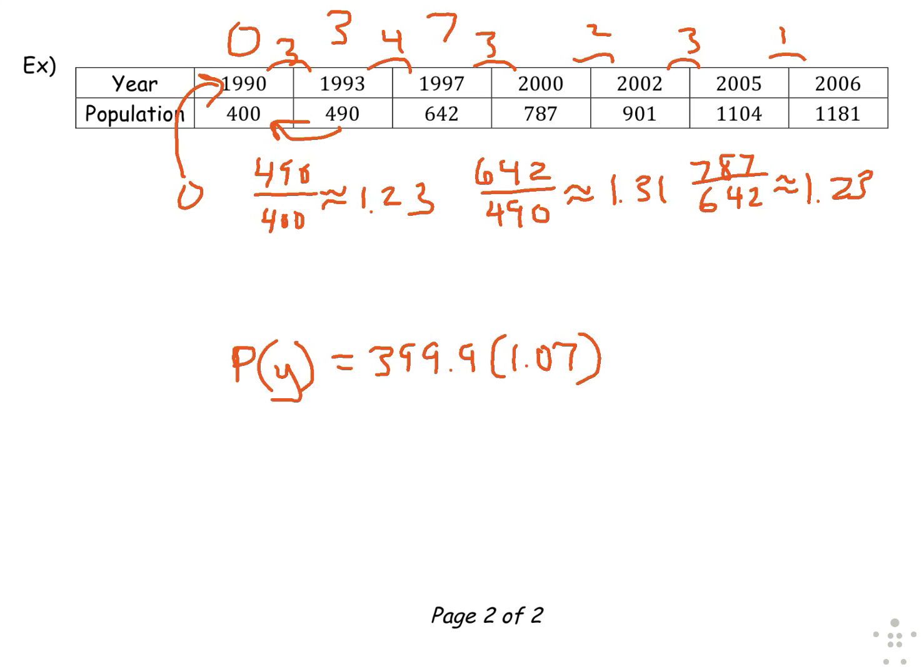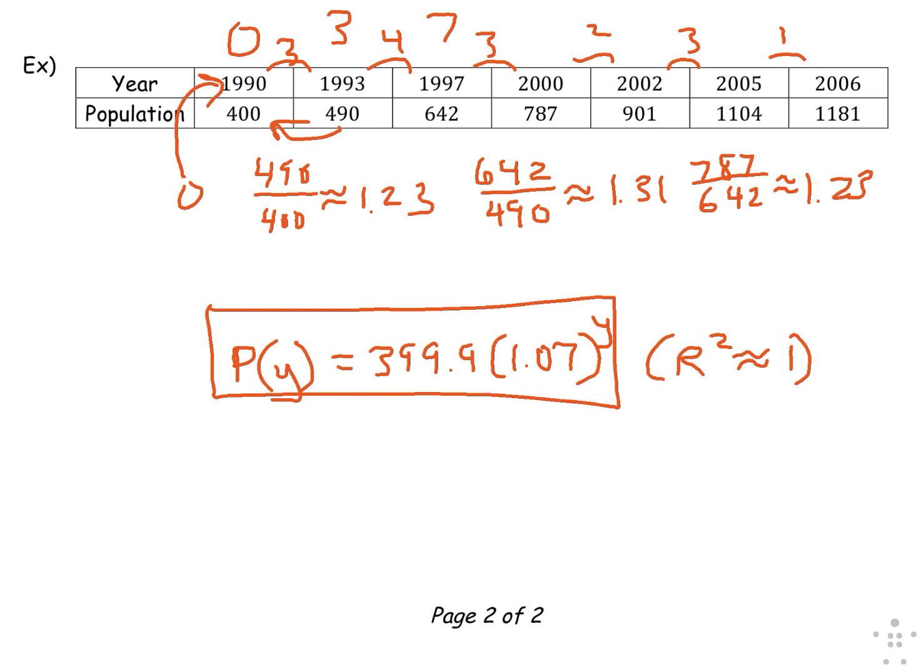So that's growth. It's good if it's like people or endangered species. And what we've got here is approximately 1 for that r-squared value. So this actually worked out, even though we did not have equally spaced y values and we didn't necessarily have mathematically constant ratios.